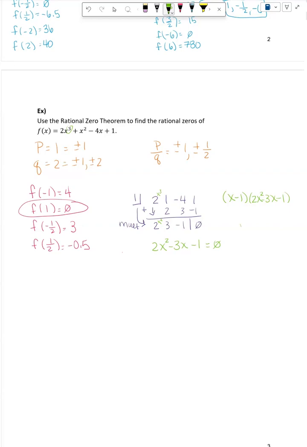So if we would use the AC method, we know that this is going to give us a 2, and the factors of 2 are 1 and 2. Factors of 2 that are going to have different signs. Let's see, different signs. It's supposed to subtract to give you 3.